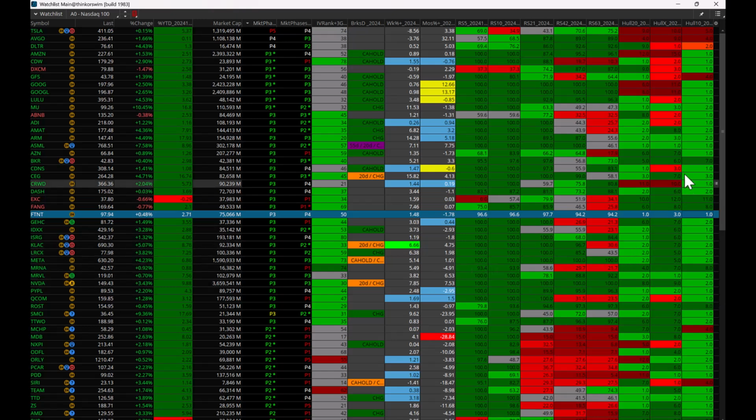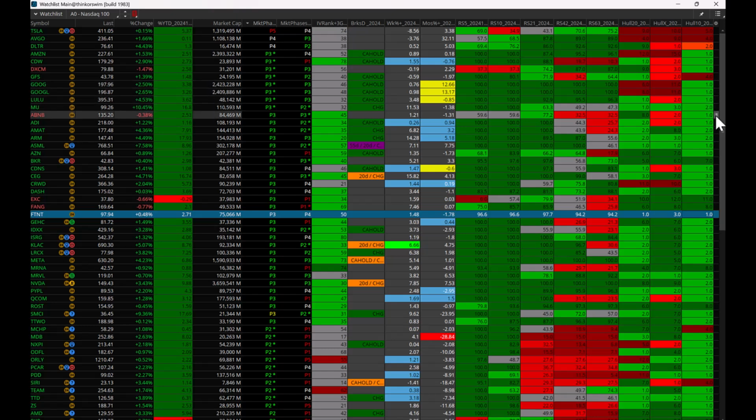You're trying to find things that have these lighter colors. The numbers in the columns represent the number of days or periods. These are all daily aggregation time frames for the Hull 20, the Hull crossover, and the Hull 10.